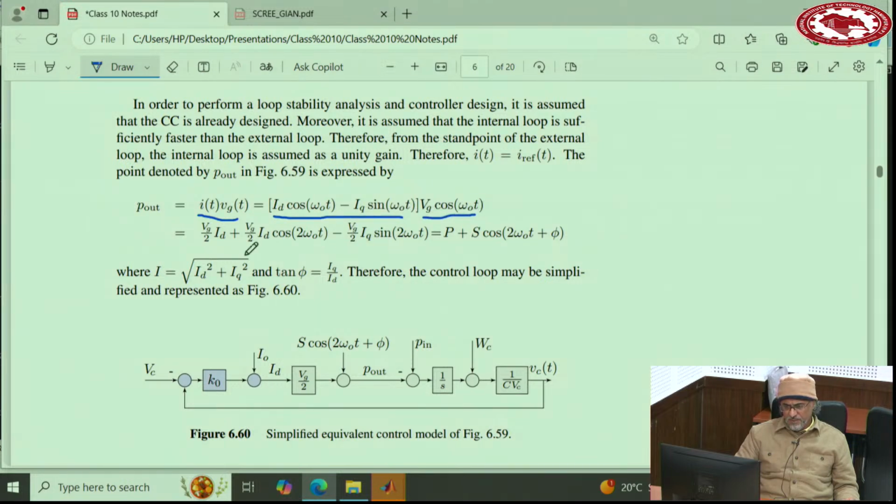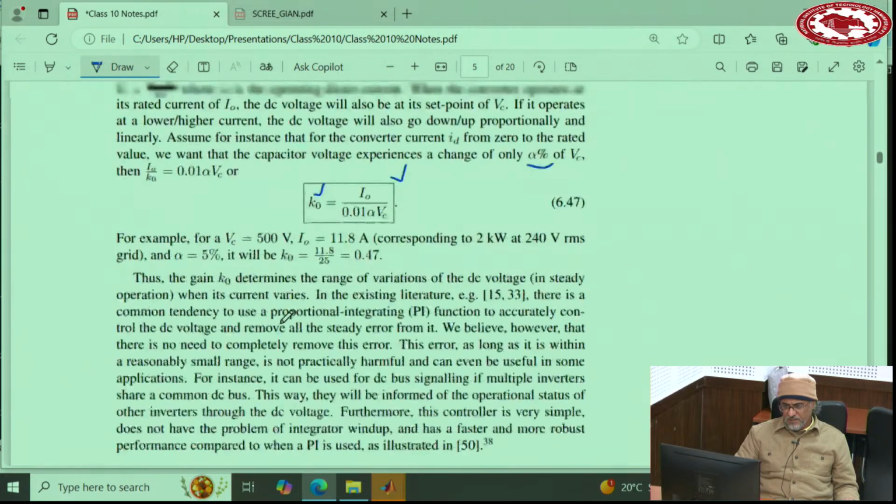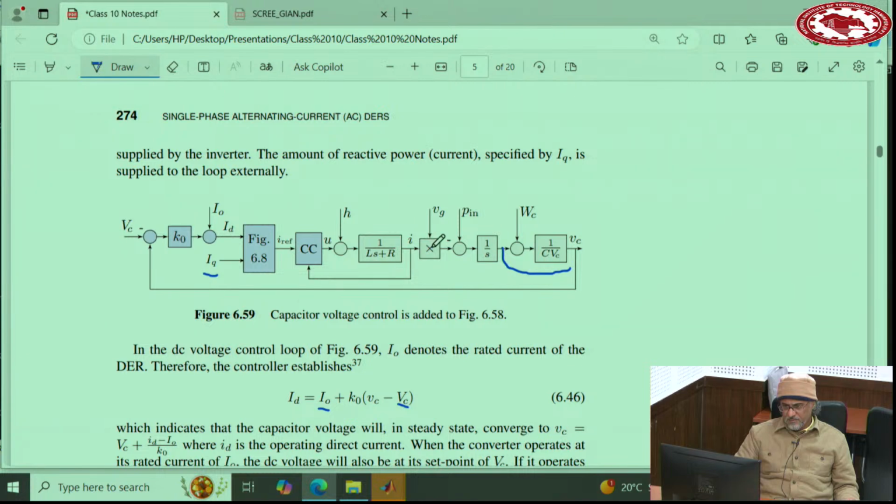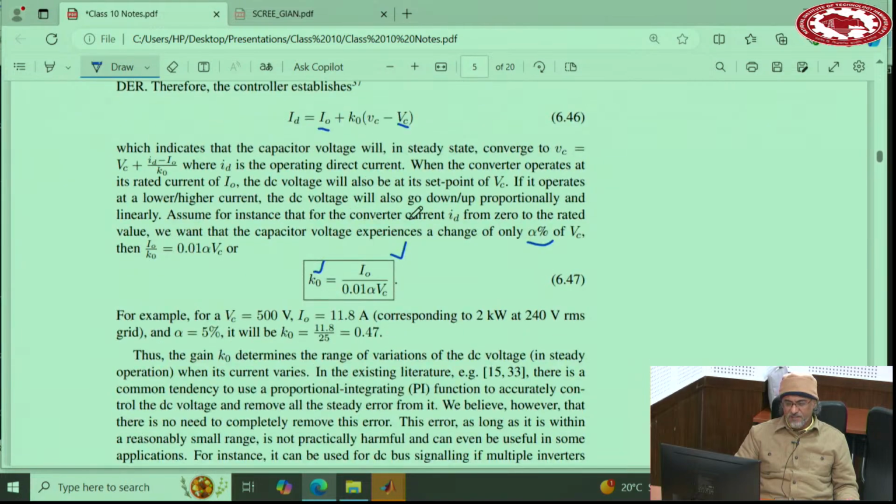You multiply them, you will get a DC here, and then an AC here. So DC and AC. Now, if you want to show that on the diagram, I'm going to substitute this multiplication here based on this equation.